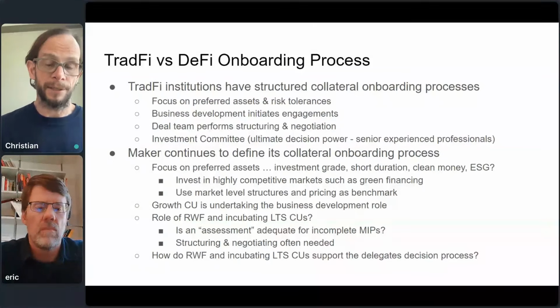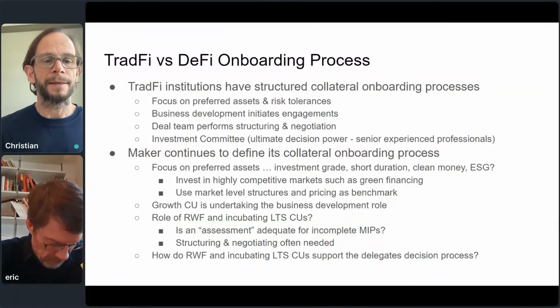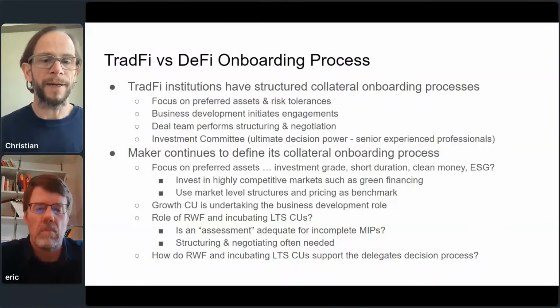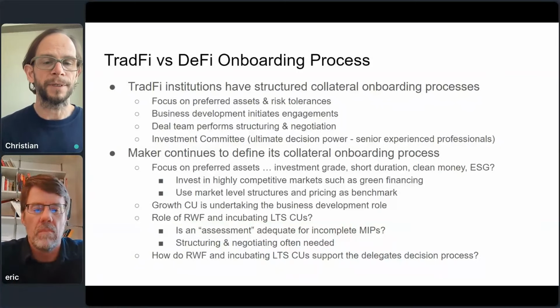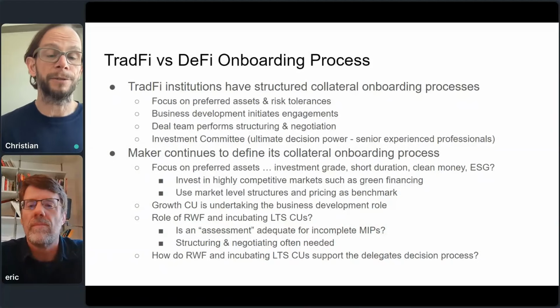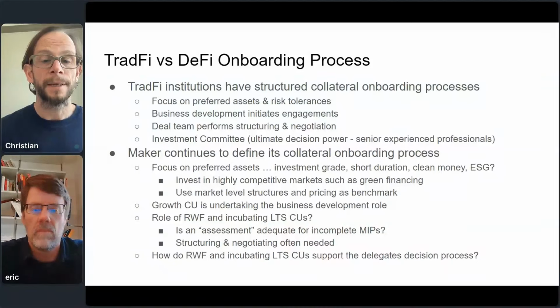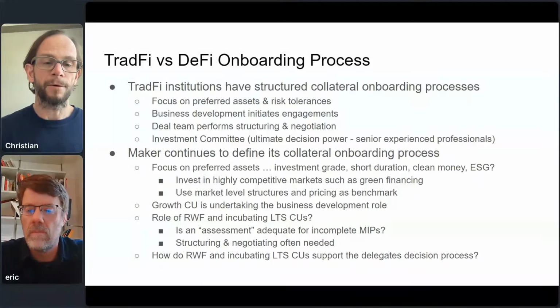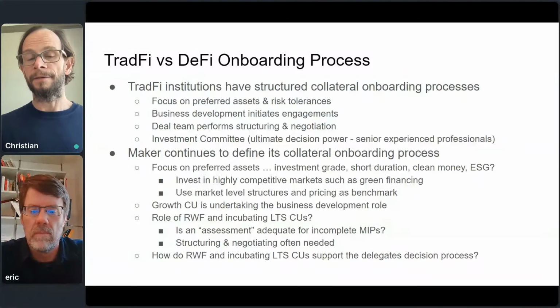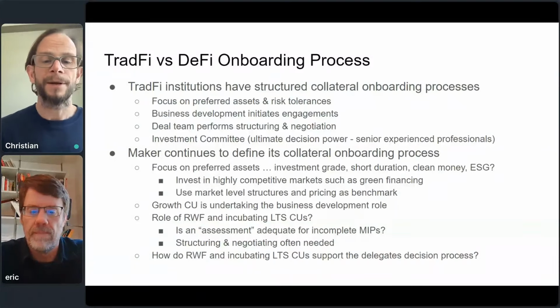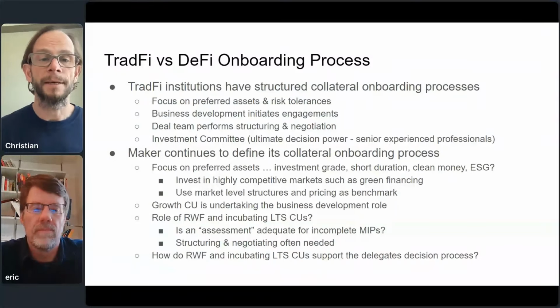Is the community on board that the Real World Finance and LTS core units will be delegated some level of authority to structure and negotiate transactions? I think we're still learning, both at the core unit level and at the delegate level, and in the community, frankly, how best to support their decision process.